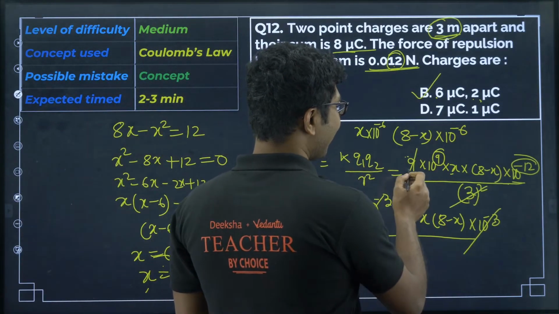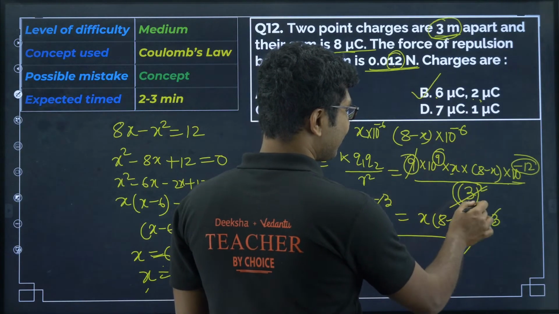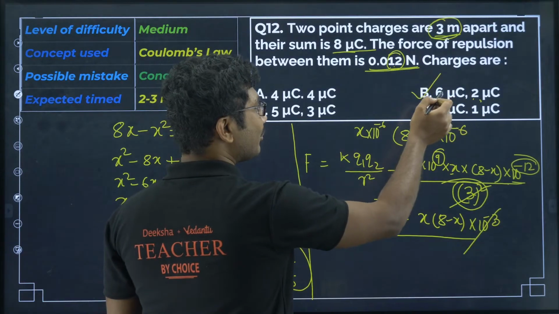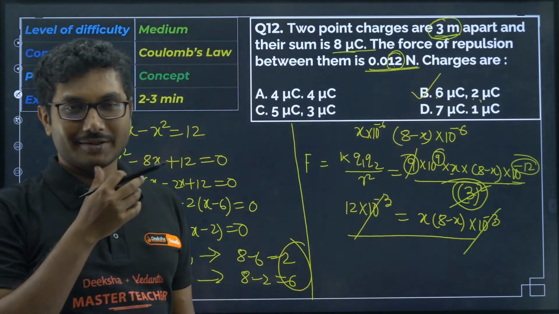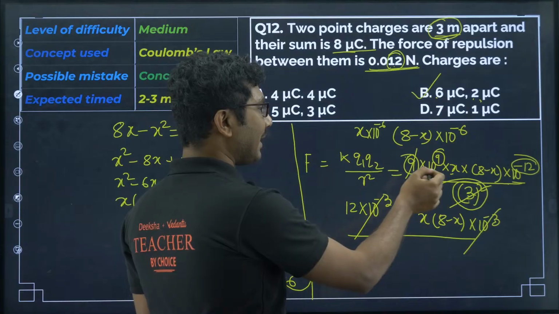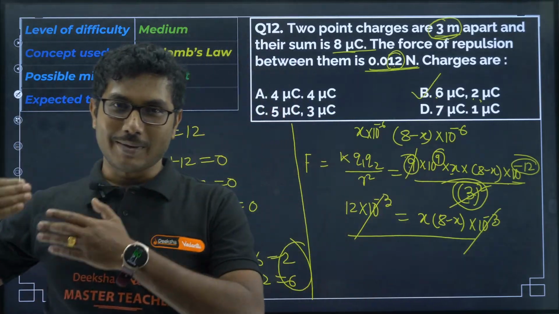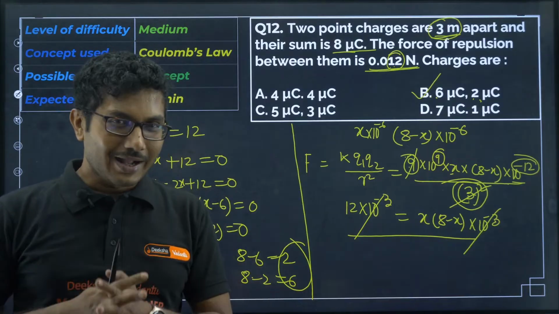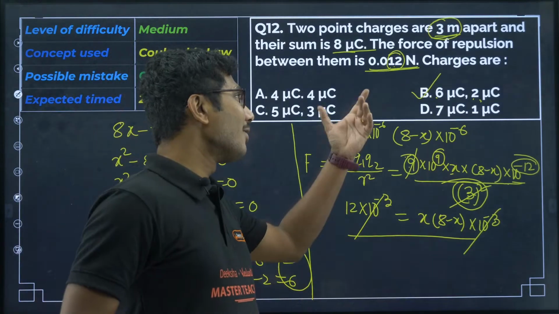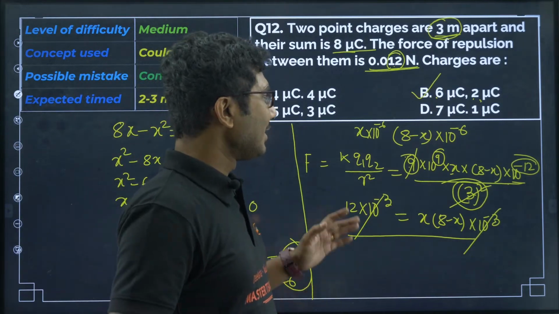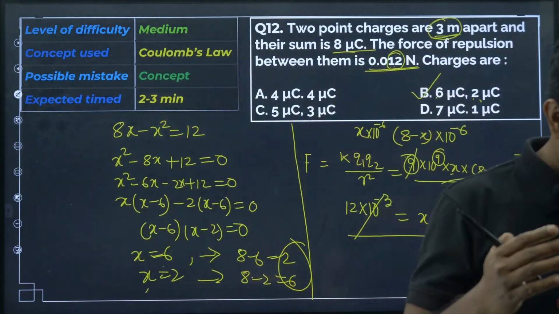The trick works because 3 square is 9 and the 9s are getting cancelled, so in that case 2 into 6 is 12 and it matches. When you are applying shortcuts in your mind, you have to be careful why this shortcut is applicable for this problem but may not be applicable universally. This is just to clear your mind.